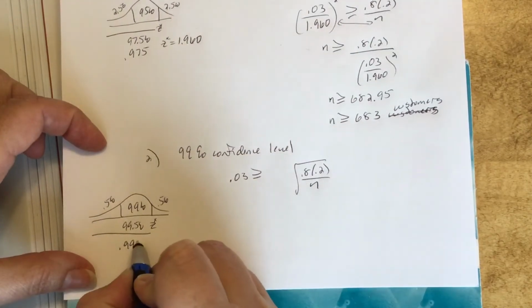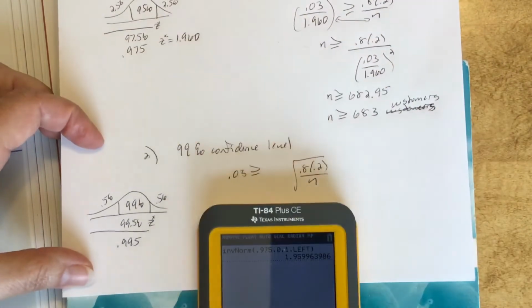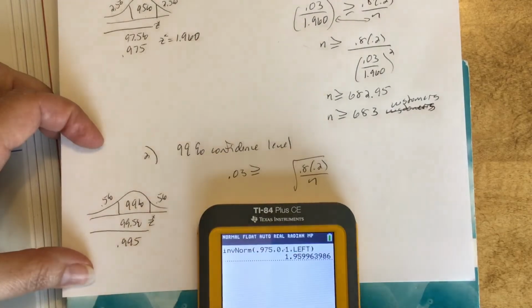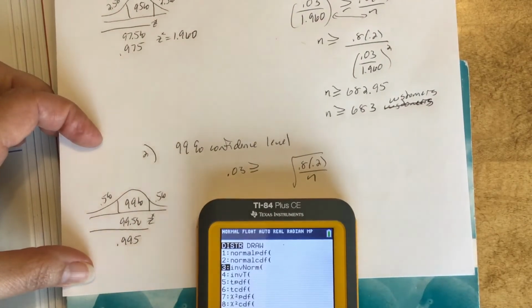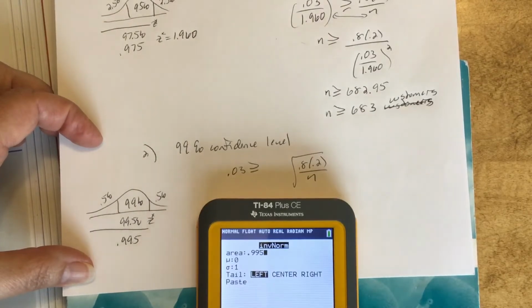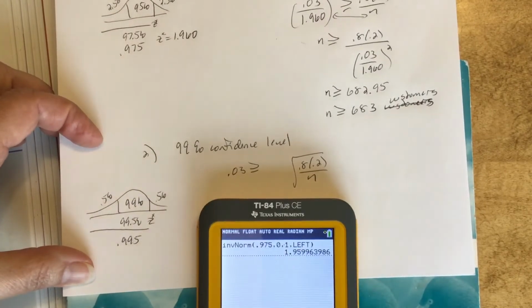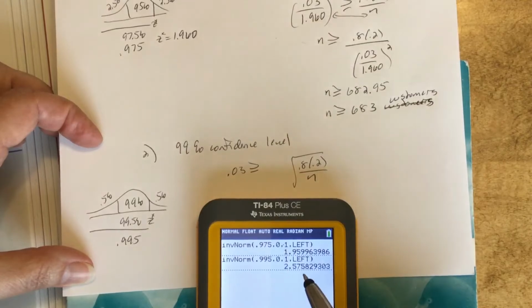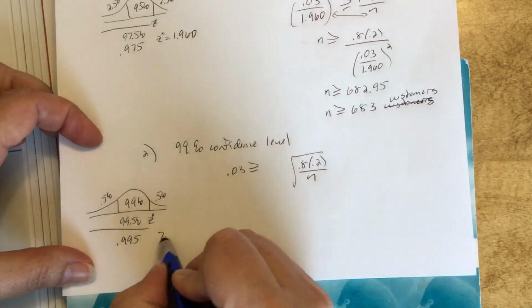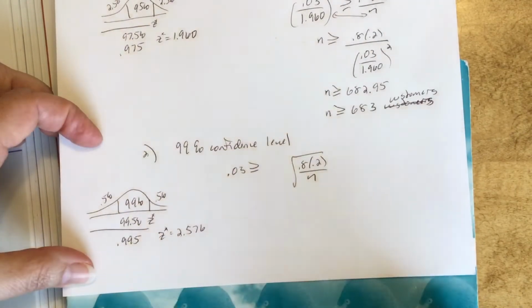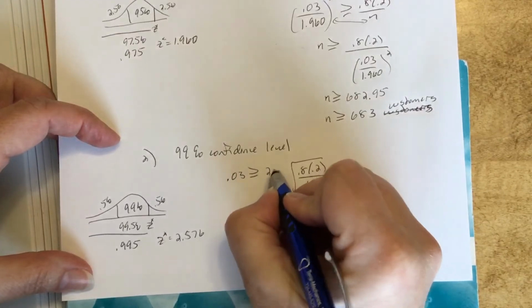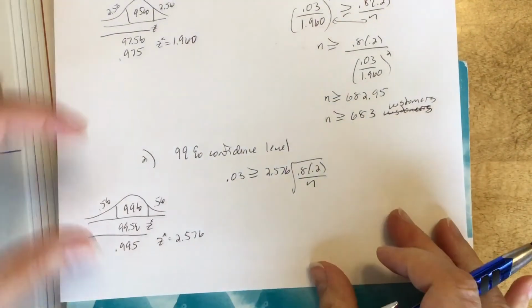So I'm going to put inverse norm 0.995. Okay, and again, let's take it to 3 decimal places. So 2.576. So the critical z is 2.576, which I will go ahead and put in my equation.